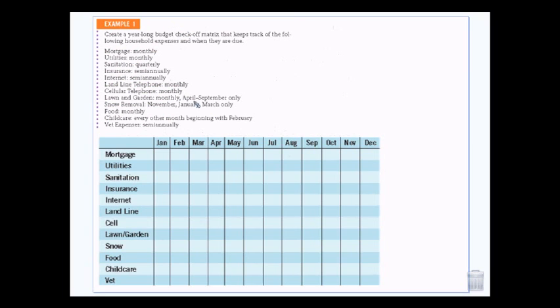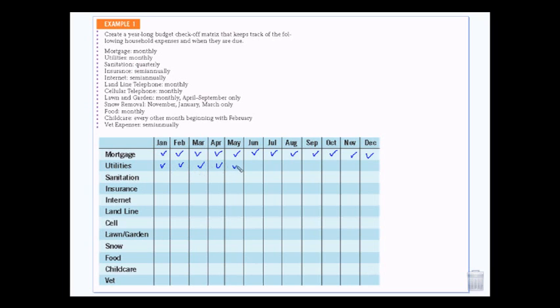Bar graphs, budget line graph that compares two categories of expenses. Okay, so if we were going to do a checkoff matrix, we have mortgage monthly. So you're going to put a check every single month. You don't get to not pay your mortgage ever till it's done. Utilities, you have to pay those every month too.